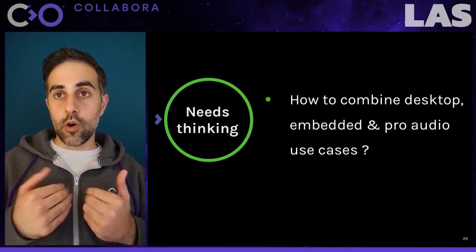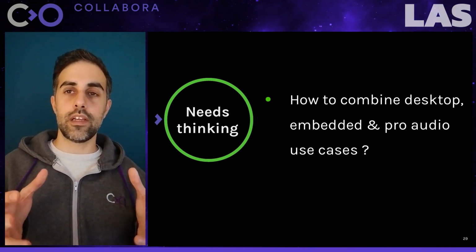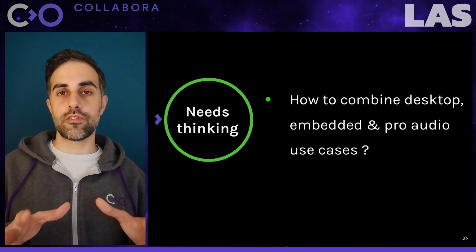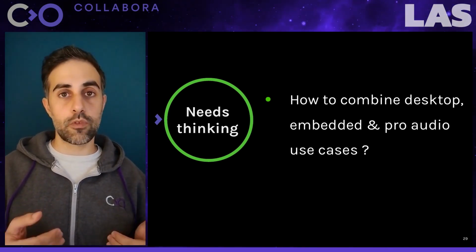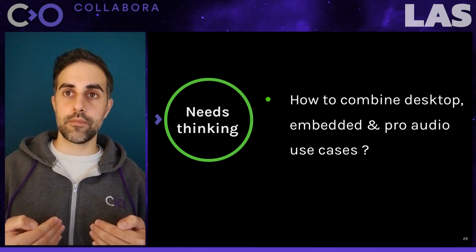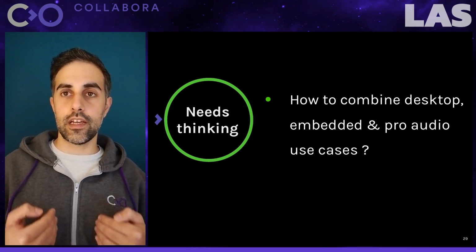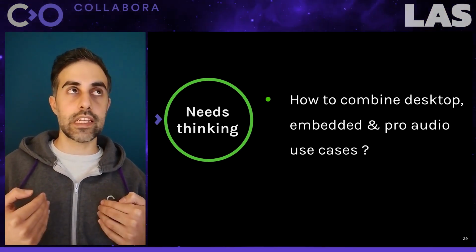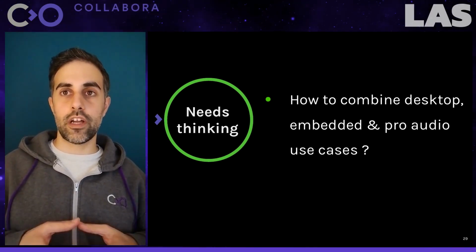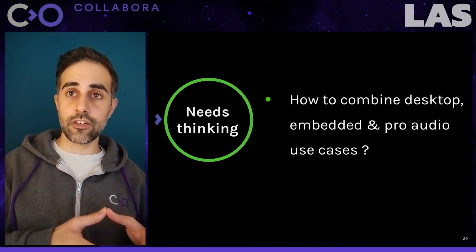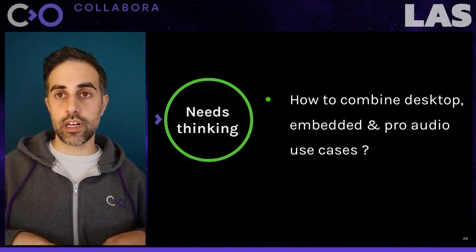Now, before we go ahead and enable that in the desktop, it needs some thinking. How can we bridge those use cases to work together smoothly? This is an open question. I don't have all the answers, but what I know, and the reason that I'm here today giving this talk, is because I believe that it needs cooperation between application developers, desktop developers, and PipeWire developers.